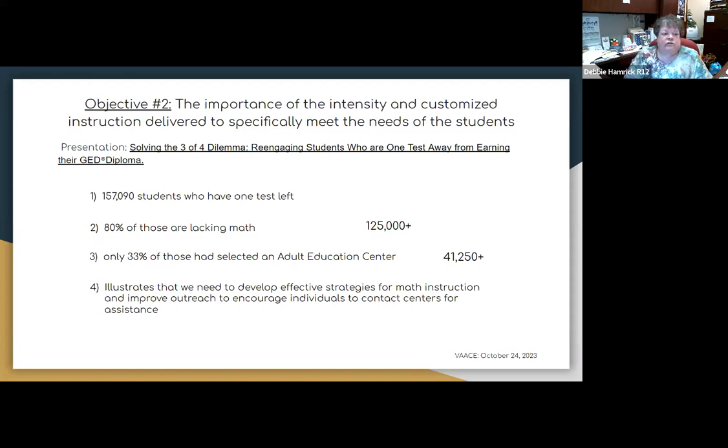We also want to encourage those individuals who may still need that math, but you haven't seen in 3 or 4 years. We continue to reach out to our students somehow, some way. We stalk them on Facebook, whatever we need to do to encourage them to come back and take that test. We can help them. We can get them there.